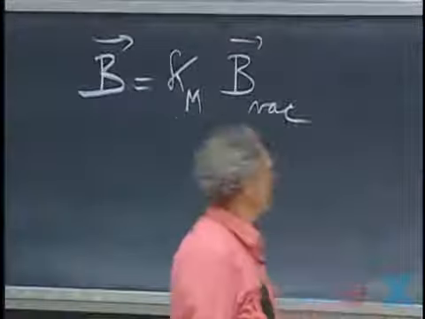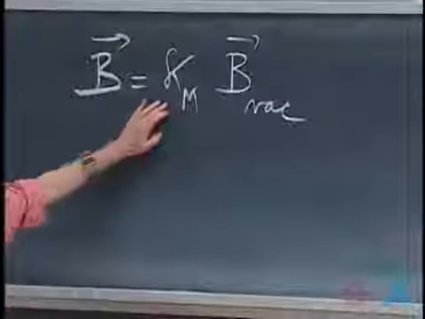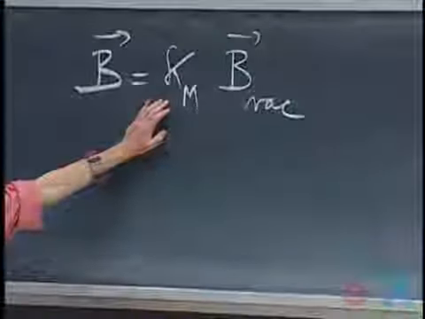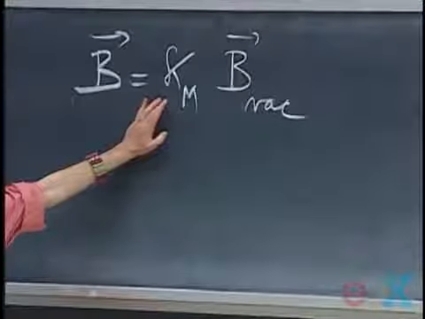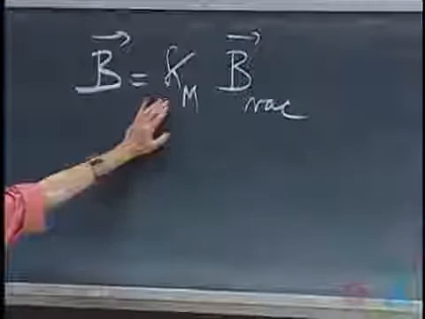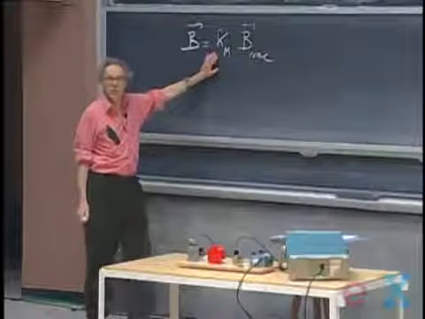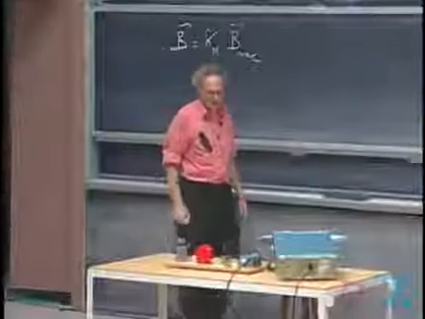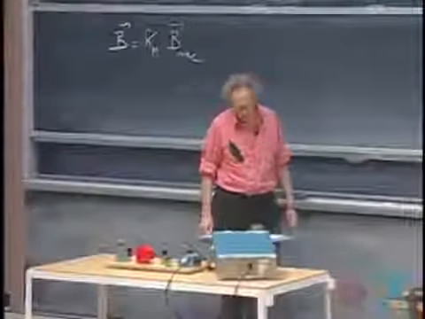And when we have diamagnetic material, kappa m is just a hair smaller than 1. With paramagnetic material, it is a hair larger than 1. But when we have ferromagnetic material, it can be huge. It can be 1,000, 10,000, and even higher.